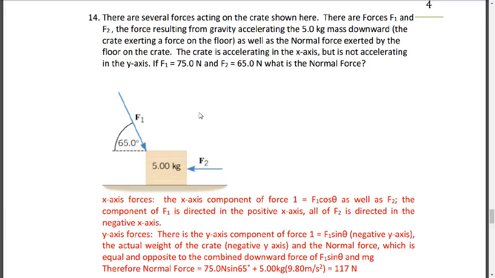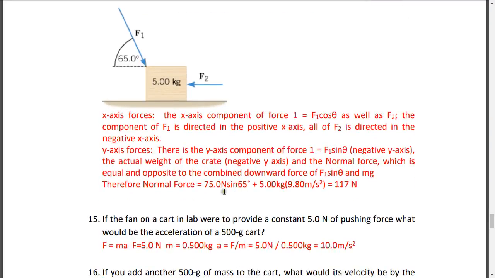But it's larger than that now, because not only is the normal force equal and opposite to the weight, it's also equal and opposite to the weight plus the y-axis component of force 1. So force 1 is 75 newtons. The y-axis component is going to be sine of 65 degrees.